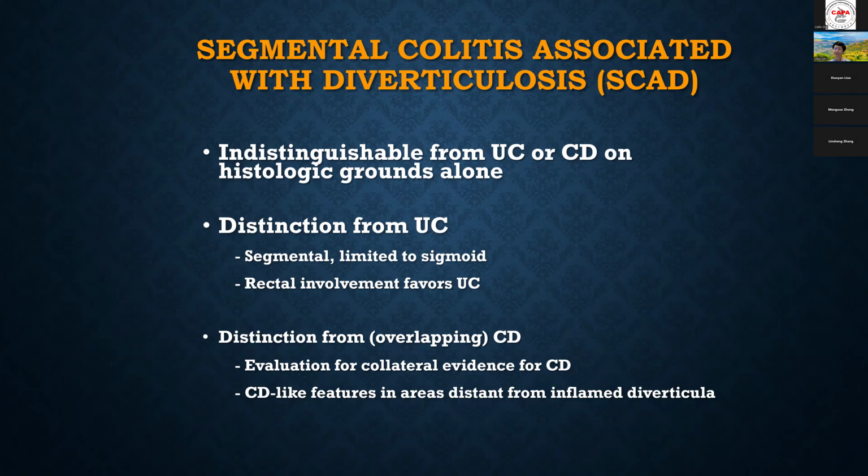And then you need to look at the endoscopy report to see if there's any diverticulum in this area, or at least you need to put SCAD into the differential diagnosis, IBD versus SCAD. And for SCAD, after they resect this segment, the patient will be cured. But for IBD, it will recur. So distinguishing these two diagnoses is very important for the patient.